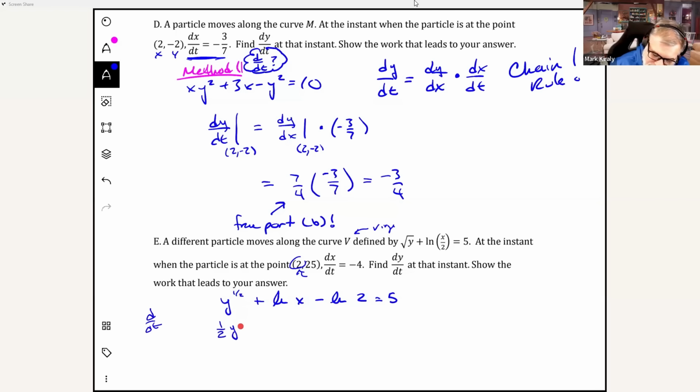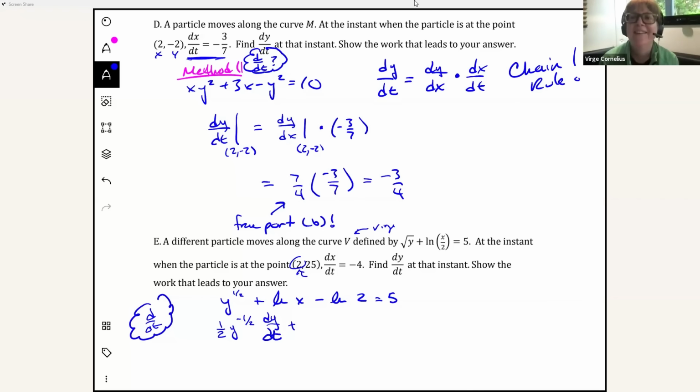Slow down, you forgot your dy/dt. I even wrote it down. That's why I'm here. I would have caught it when I said they want me to find dy/dt and I don't have one. Right. What's the derivative of log of x? 1 over x. And the derivative of log of 2 then is 0 because it's a constant. 2 is not a variable.